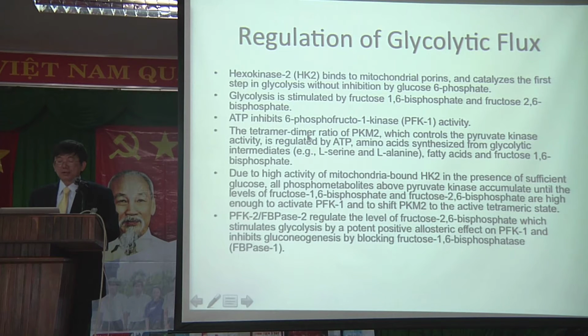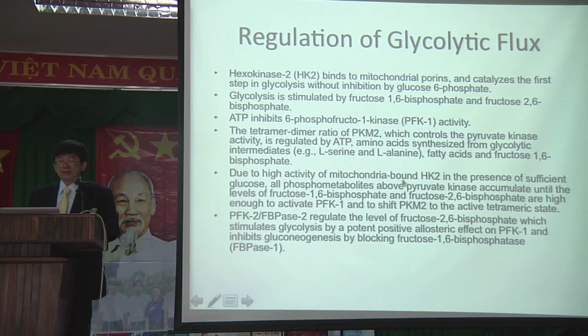The tetramer-dimer ratio of PKM2 controls the pyruvate kinase activity. It is regulated by different things, including ATP, amino acids synthesized from glycolytic intermediates like serine and valine, fatty acid, and fructose 1,6 bisphosphate. So various metabolites along the pathway can provide feedback inhibition or regulate the activity of this enzyme.